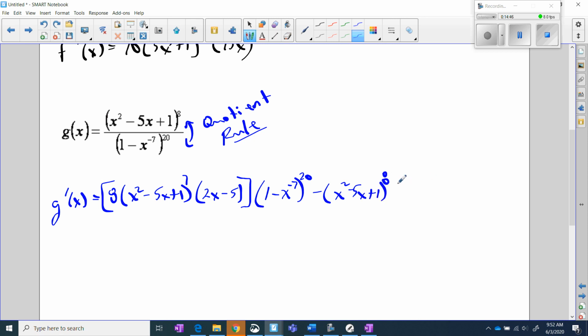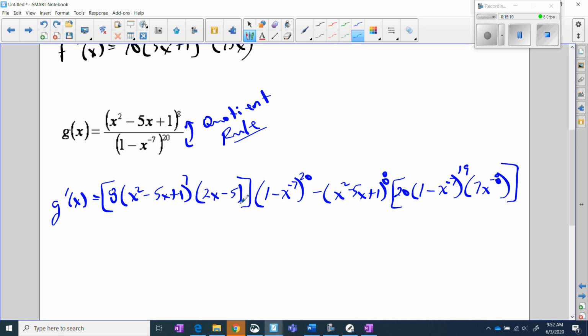Now multiply that by the derivative of the denominator, which would be another chain rule. Multiply by the exponent. 1 minus x to the minus 7th. Take 1 off the exponent. And now differentiating these brackets. So constant is 0. This would be 7x to the minus 8.